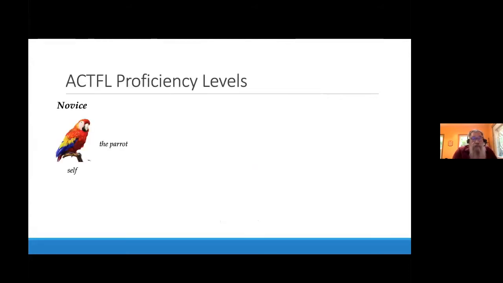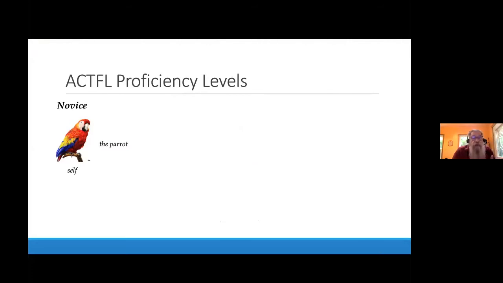Let us begin with the proficiency levels. What are the main characteristics? We start with the novice. Now, the novice is often represented as a parrot because the novice relies on what ACTFL calls memorized language or formulaic chunks of language. And they can manipulate these formulaic chunks of language and execute them if the appropriate situation arises.